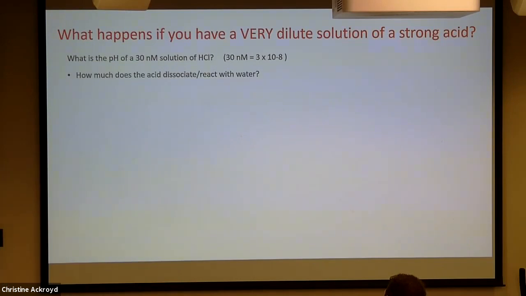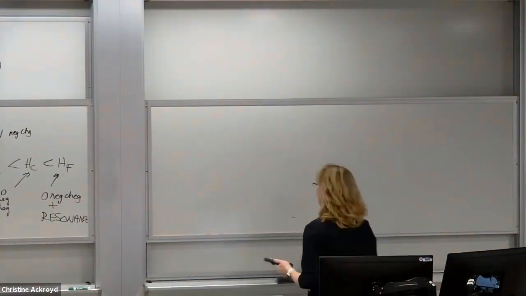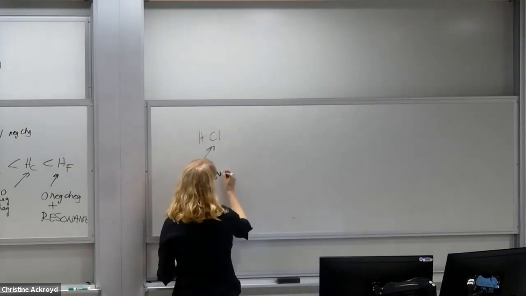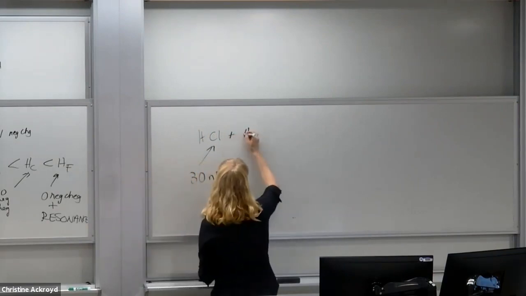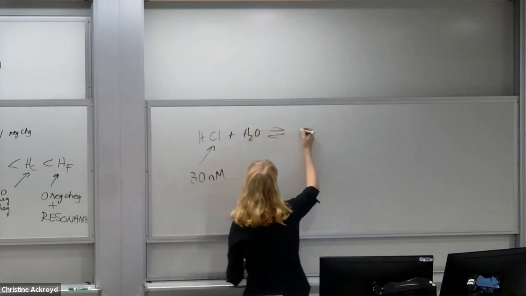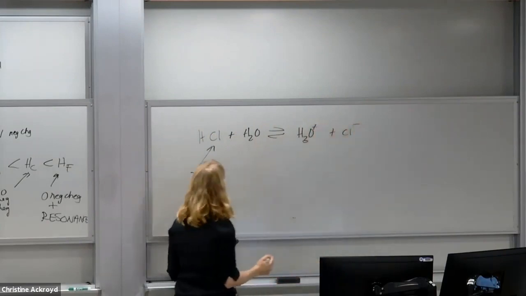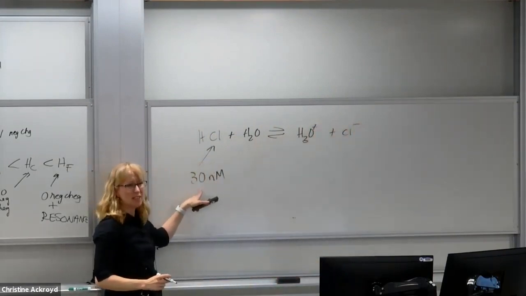So let me draw out sequentially what's happening. So if I have HCl and I add 30 nanomolar HCl, that's going to react with water and we're going to form hydronium and chloride ion, right? 30 nanomolar.